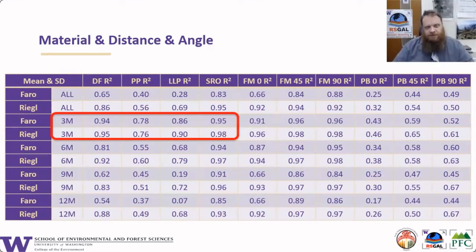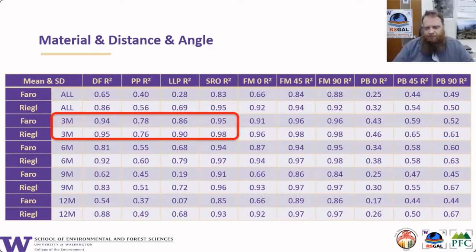We also see, if you look here, that the relationship degraded much faster for the Faro, the phase shift scanner. The time of flight scanner, the Regal, had a more consistent relationship modeling fuel moisture using the mean and standard deviation, even when looking at all of the distance values combined.